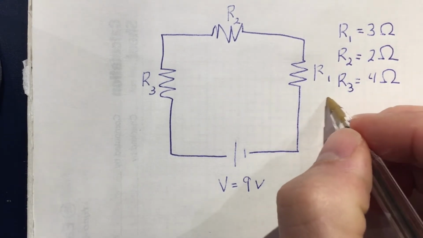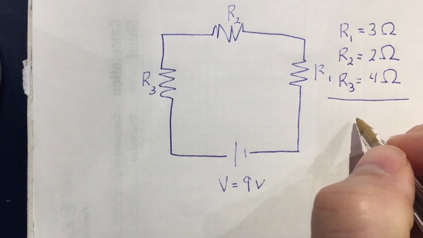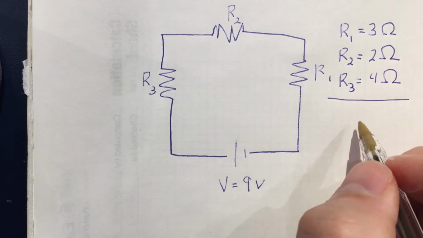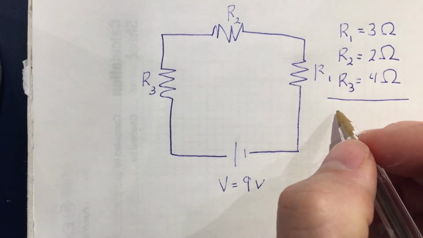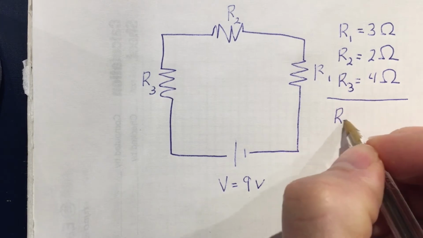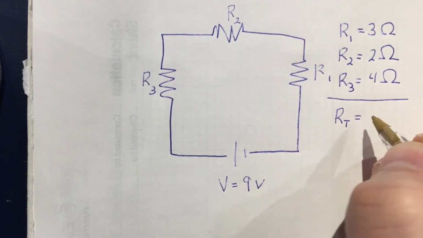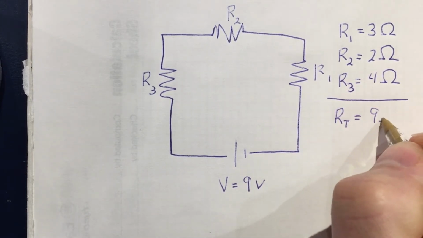Now, we know that in a series circuit, the total resistance is simply the sum of the resistance of each individual resistor. So our total resistance is going to, in this case, be 9 ohms.